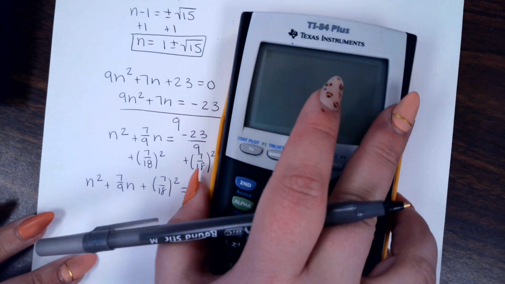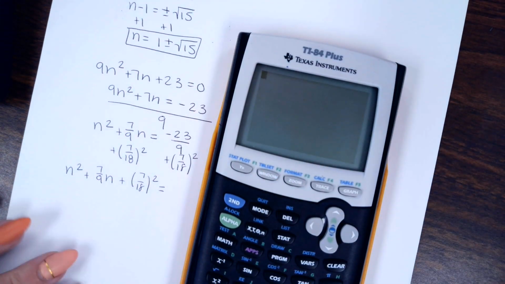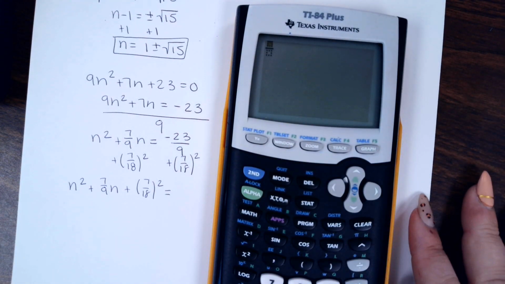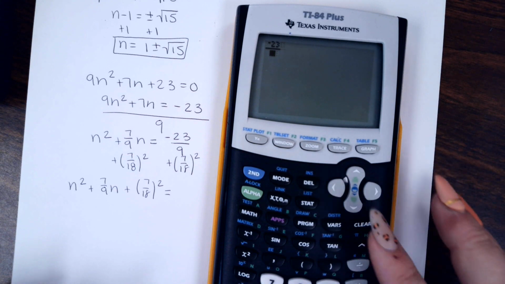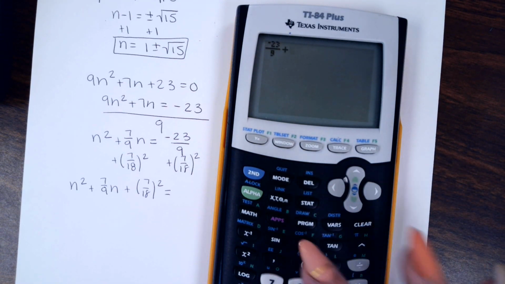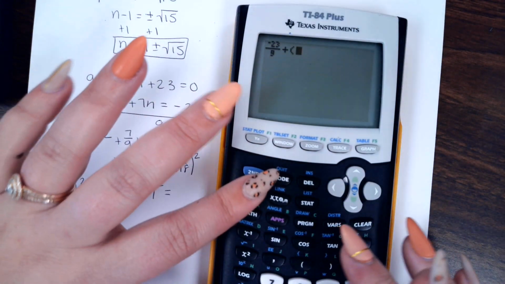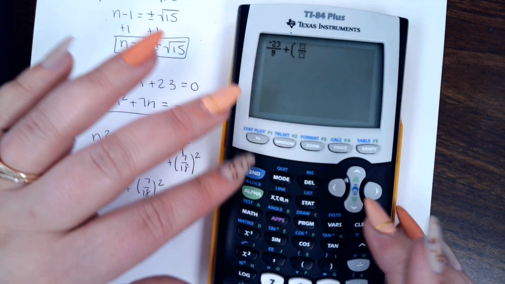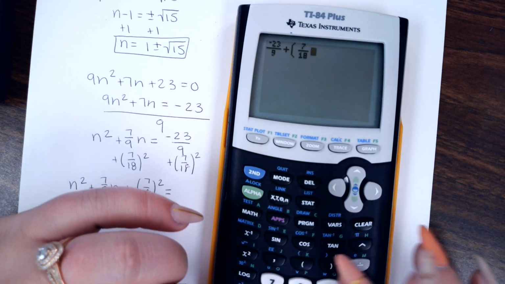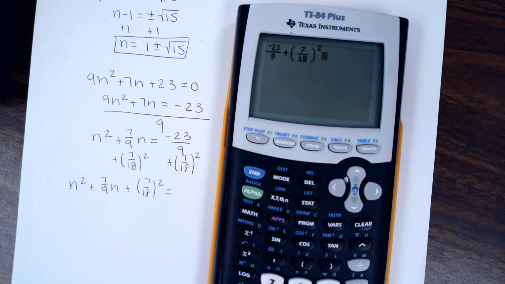You need to be very careful when we add it. Again, we can just use our calculators. So we need -23/9 plus, let's put this in parentheses, 7/18 squared.